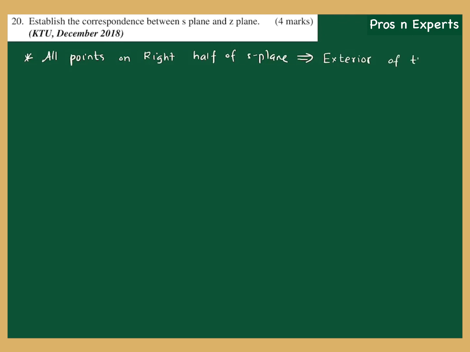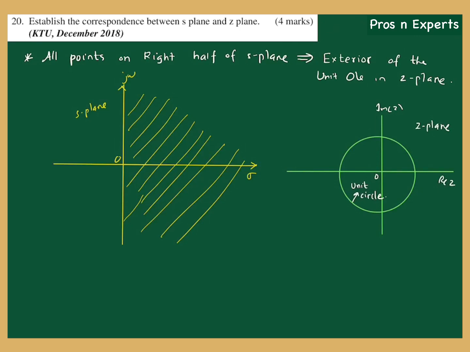I can illustrate this with a diagram. I have plotted the S-plane and Z-plane for the second time. Now the shaded portion is the right half of the S-plane, and it maps to the exterior of the unit circle in the Z-plane. That means this area.